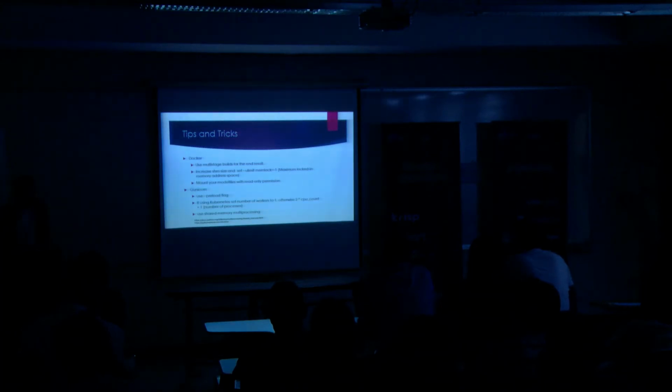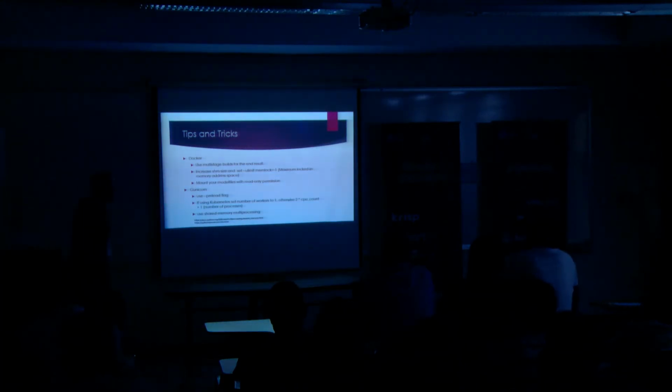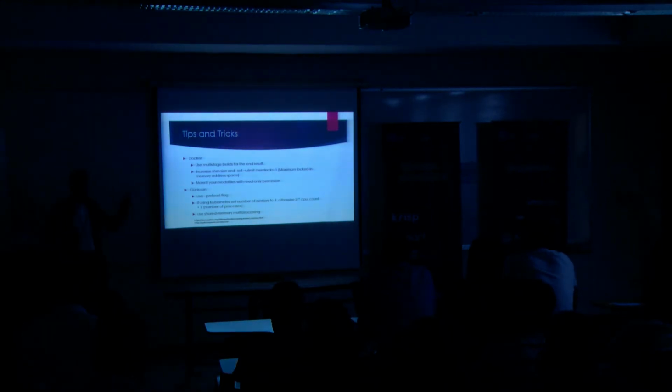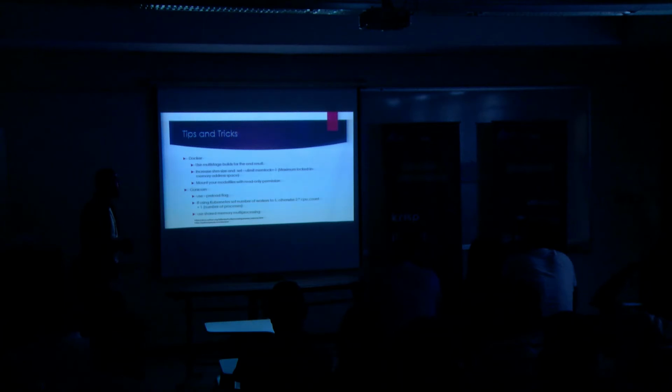And these are the tips and tricks. First of all, everyone uses Docker. So your model server is just a Docker image, and the instance of the image is a container. Those are the options that can actually speed up performance. First of all, use multi-stage builds for the end result.